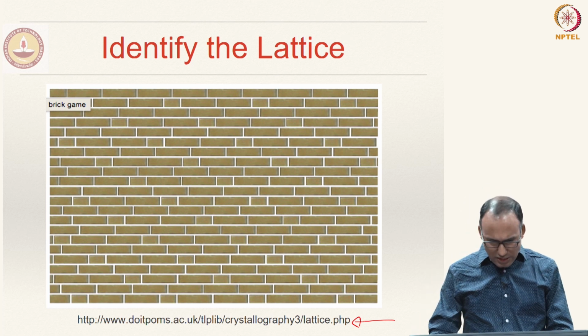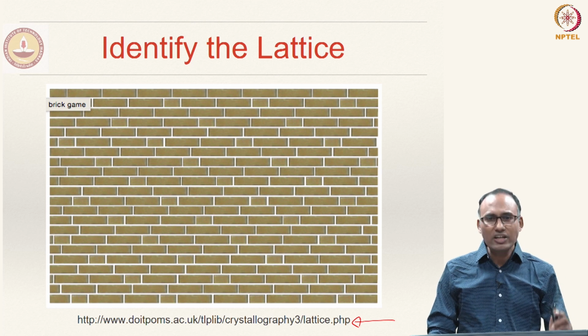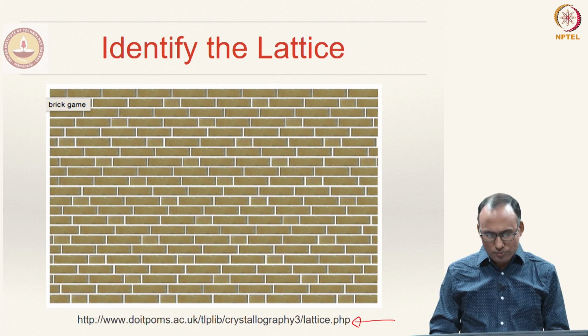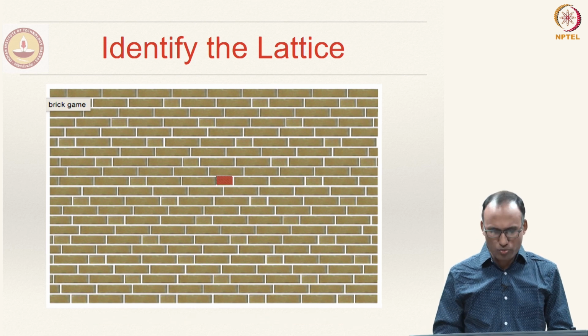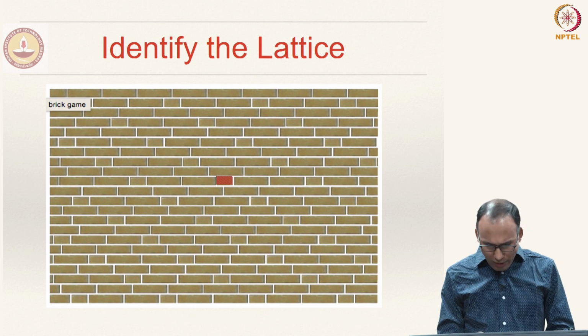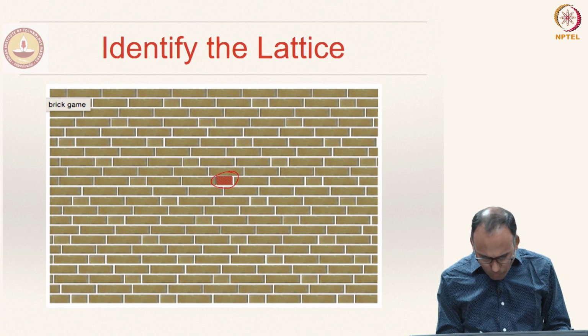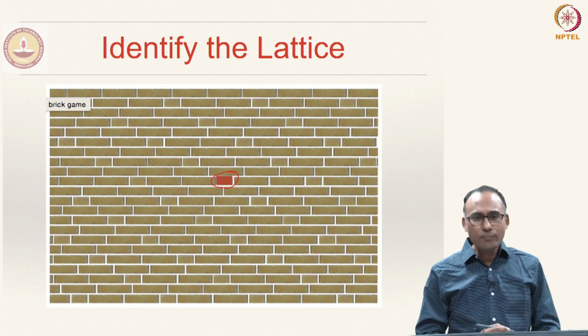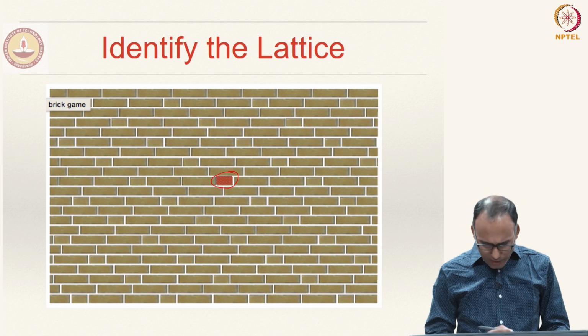Let us look at this pattern that is available in this brick wall and let us try to identify the lattice. What is the guideline for identifying a lattice? First we need to choose a reference point. So, let us choose that as a reference point. And now, having chosen this as a reference point, we need to identify all the identical points. So, what are the other identical points?